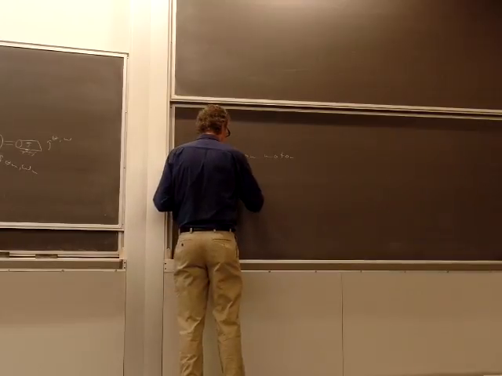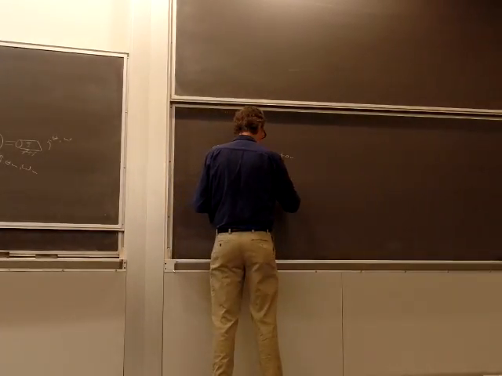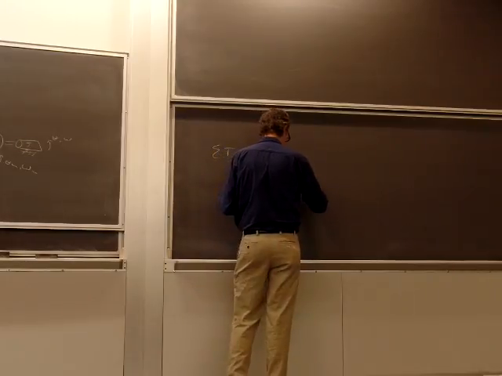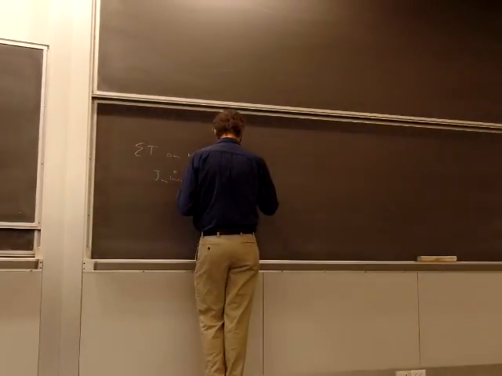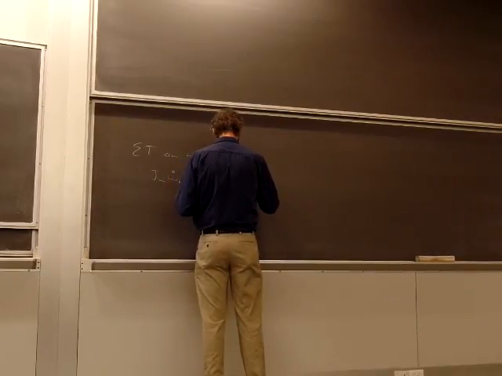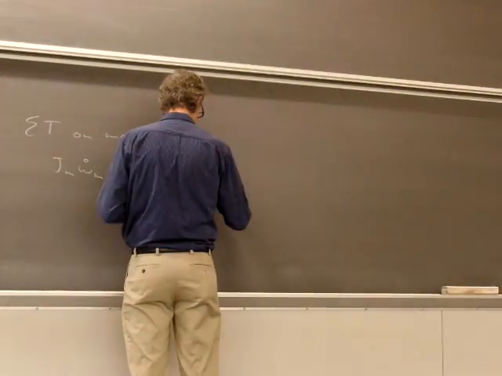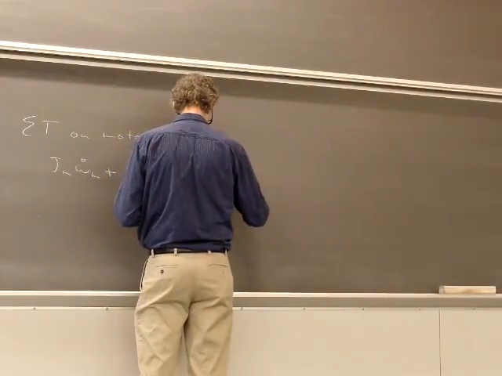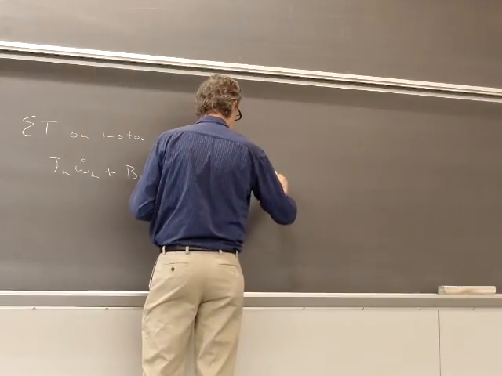We have J motor times the acceleration plus friction times velocity plus, let's say here, the torque going off to the gears is equal to the torque applied, KT times IT.